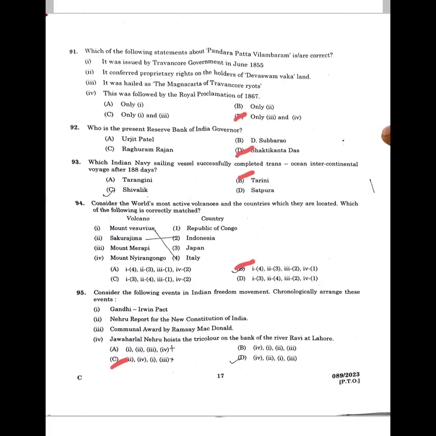91. Which of the following statements about Pandarapatta Vilambaram are correct? Option D is the right answer. Only third one and the fourth one are right. It was hailed as the Magna Carta of Travancore. This was followed by the Royal Proclamation of 1867.